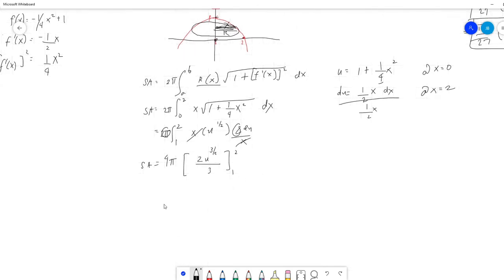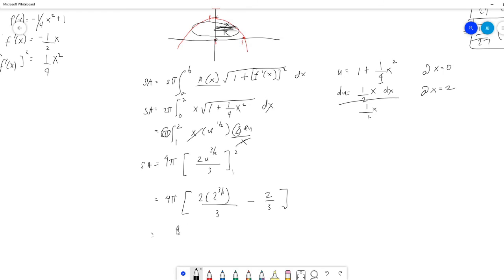Yes, we are almost done. So 4 pi. Substitute 2 times 2 raised to 3 halves over 3 minus 2 times 1. So, 2/3. Ayan. Okay, so labas natin si 3 and si 2 na lang din, 'di ba?